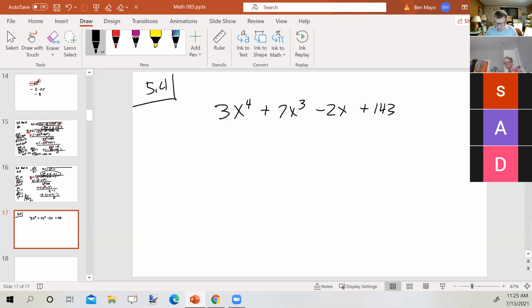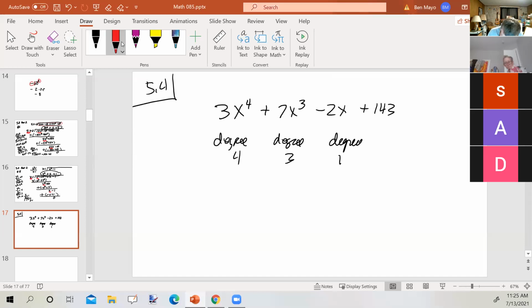Okay. The first term of this polynomial has degree 4. The second term has degree 3. The third term has degree 1, right? Because there's an implied 1 exponent. And the fourth term has degree 0. Now that does not mean it's 143 to the 0 power.